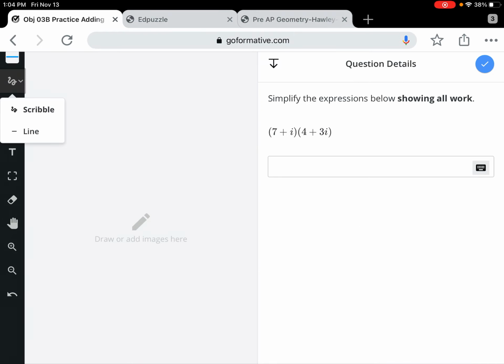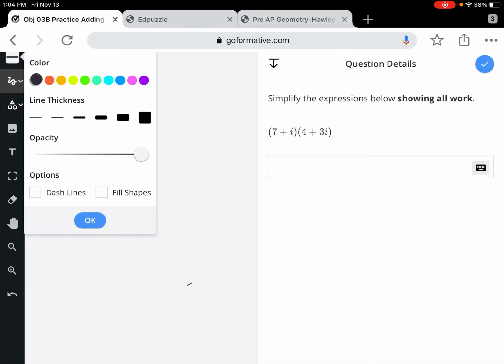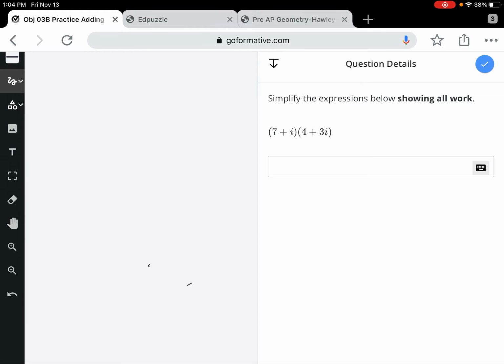This one, I'm going to be using the box method. On one side I have a 7 and an i, on the other side I have a 4 and a 3i.